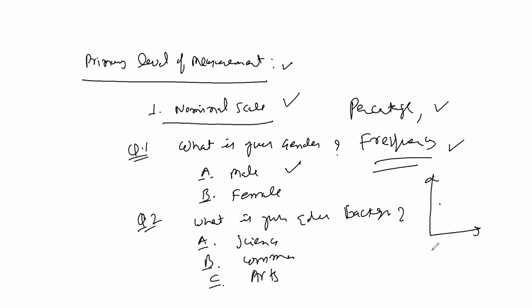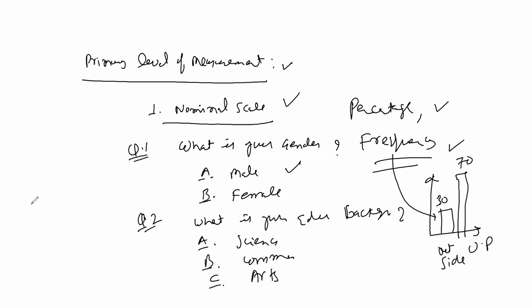So out of 100 participants, 30 may be outside UP and 70 respondents belong to UP. We can present this data either as actual numbers, 30 and 70, or in percentage.